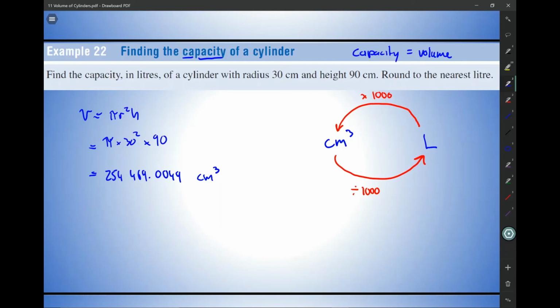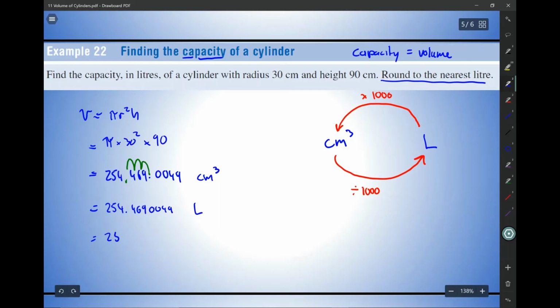We're going to take this number and we're going to divide it by 1000. And all that means is taking our decimal point here and moving it 3 spaces. So our answer is actually going to be litres, and we're asked to round to the nearest whole litre. So the full answer is just 254 litres.